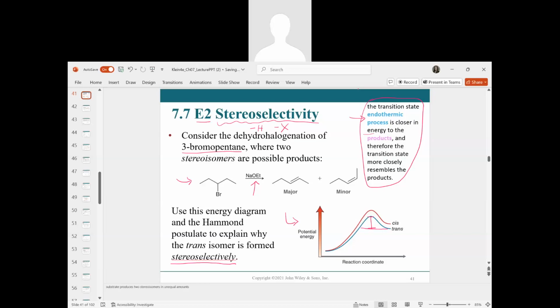So overall, the trans isomer, which we're told is favored, has a lower overall activation energy. So this would be why this is our major product.